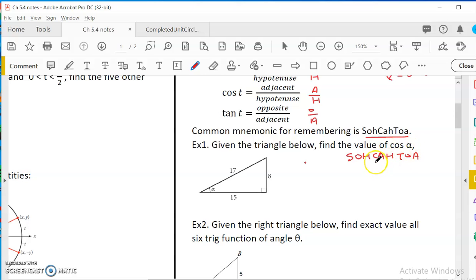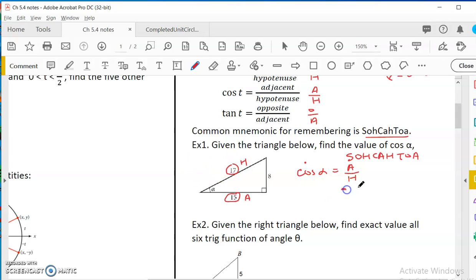So cosine will be CAH, right? Cosine of angle alpha is equal to A over H. Now what is the adjacent side? The adjacent of alpha will be 15, so this is A. And the hypotenuse of this triangle is 17, so this is H.